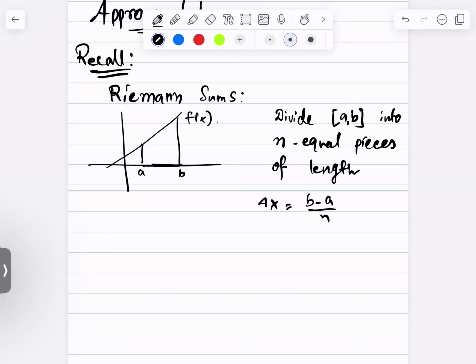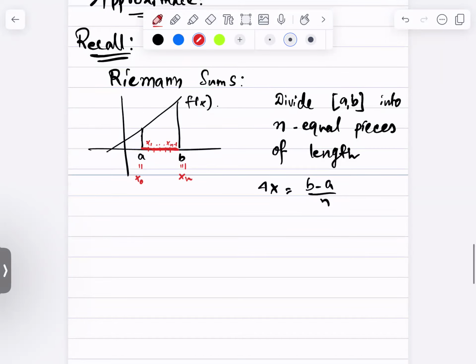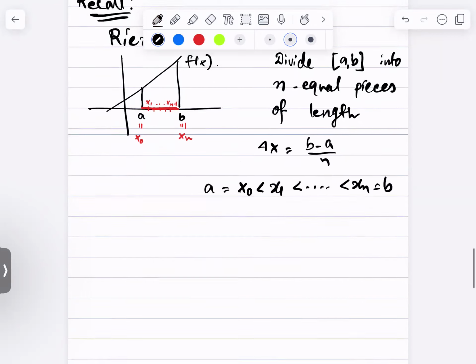So this whole length was b minus a, and then you just divided it into n equal subintervals, each of the same length, and you name the first point x naught, then x1, and so on till this is x(n minus 1), and the last point is xn. So a is x naught, then x1 is bigger than that, and so on up to xn, which is b. Okay.